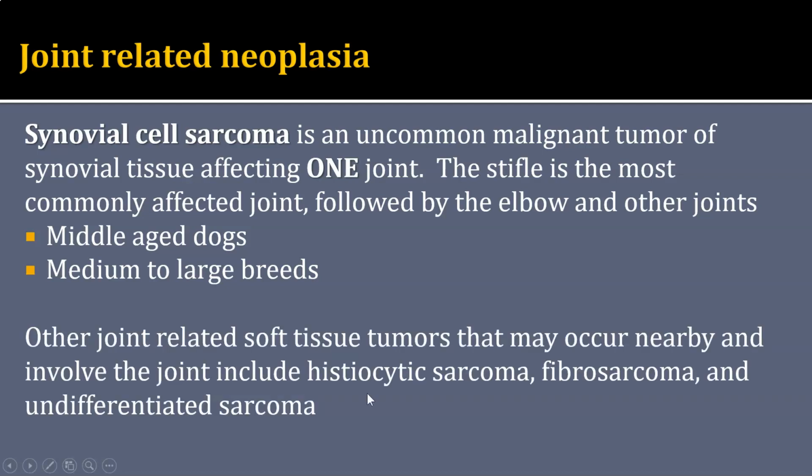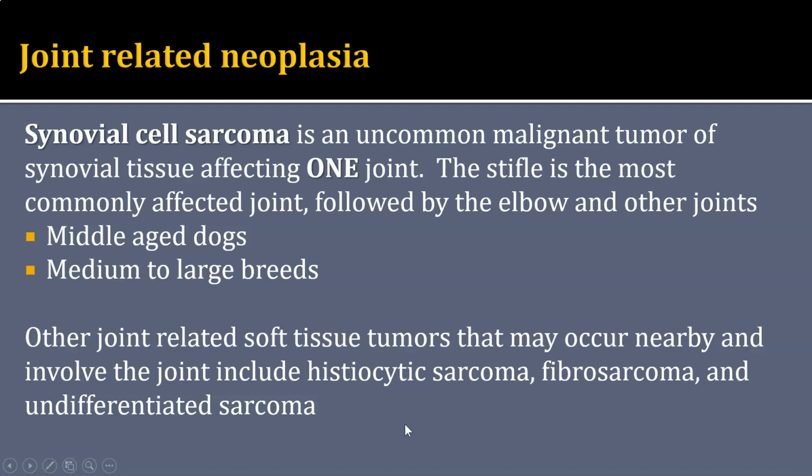Other joint-related soft tissue tumors can occur nearby and potentially involve the joint, and those include histiocytic sarcoma, fibrosarcoma, and undifferentiated sarcomas. And there really aren't going to be any specific radiographic findings that can help us be histopathologically correct in our diagnosis, so we're not going to be able to get too specific.